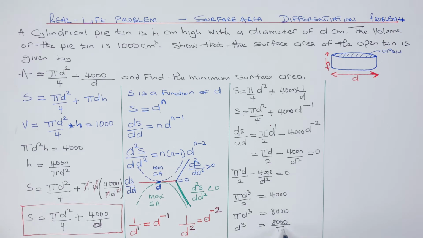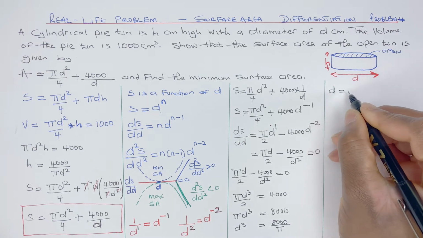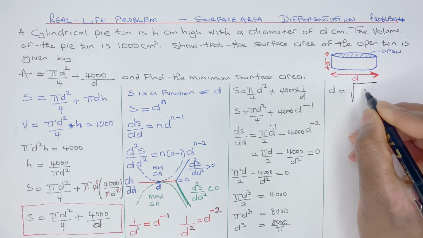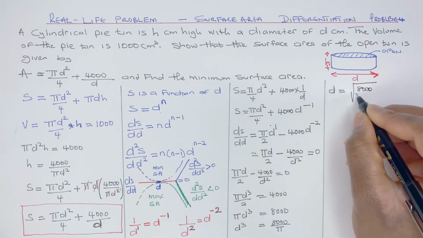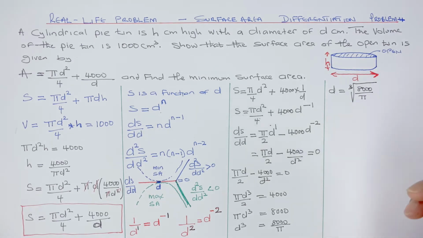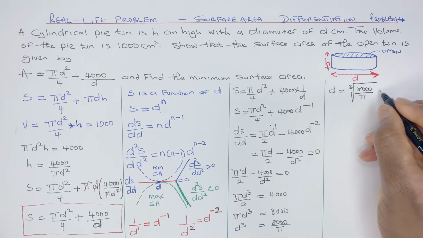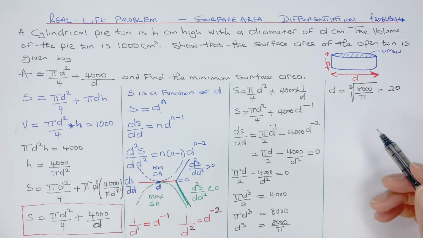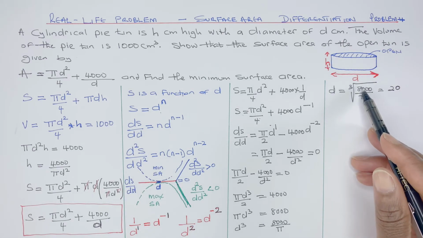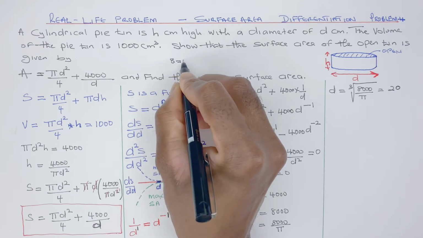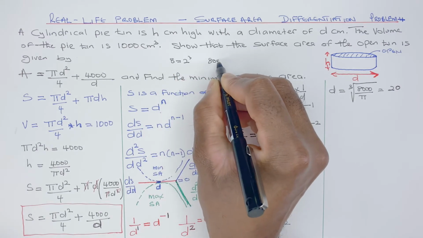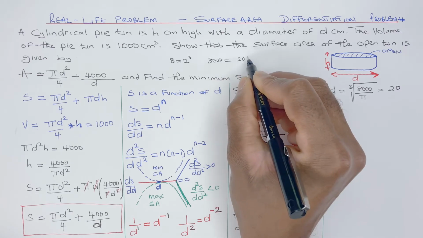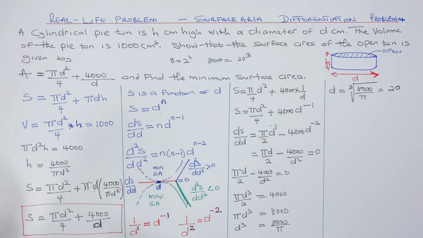We need to cube root here because there's D cubed here. So D would be the cube root of 8,000 over pi. If you cube root 8,000, you're going to get 20. We can work that out by using 2 to the power of 3 is 8, so 8,000 will be 20 to the power of 3. 20 times 20 times another 20 gives you 8,000.